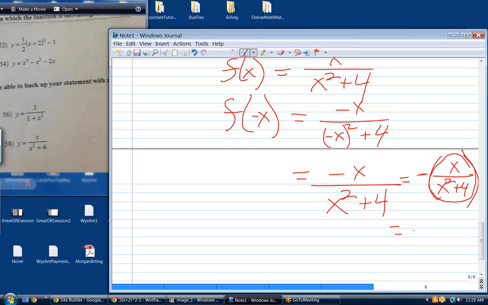So since it does equal minus f of x, it's odd. You can't always tell by first inspection. I wasn't sure. I thought this was going to come out to be neither, because I figured we would change the sign on that and we wouldn't change the sign on that, but that's exactly what we want for it to be odd.